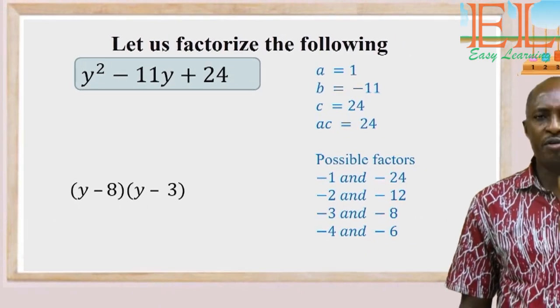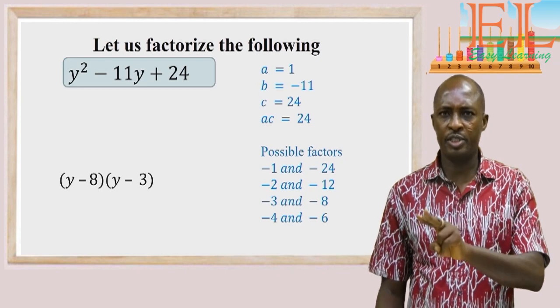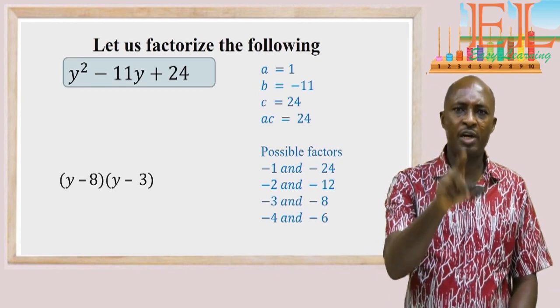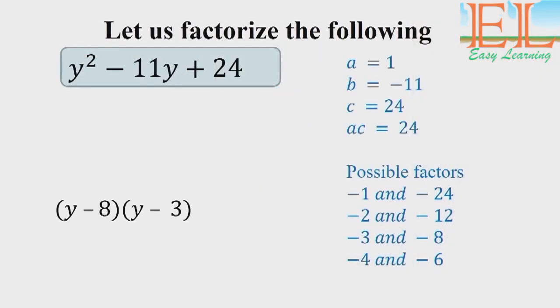And as to whether both factors are negative or positive depends on the sign or the value of the b. Here the b is negative, and so both factors here must be negative. Now let's see which of these pairs satisfy the term in the b.